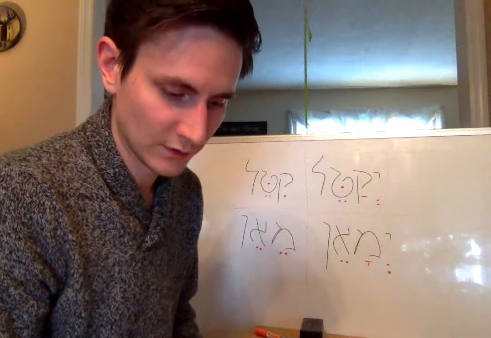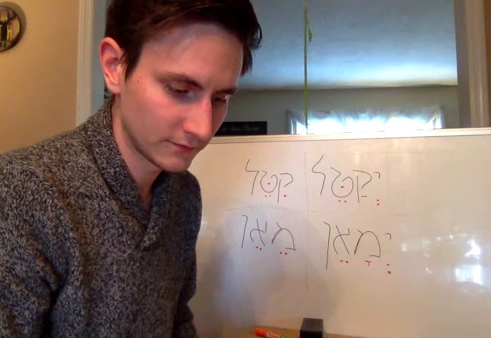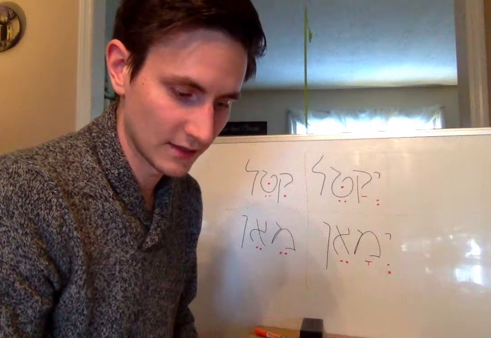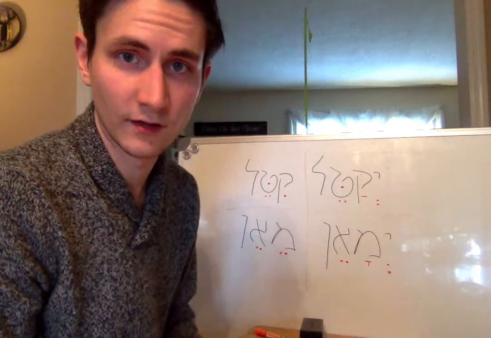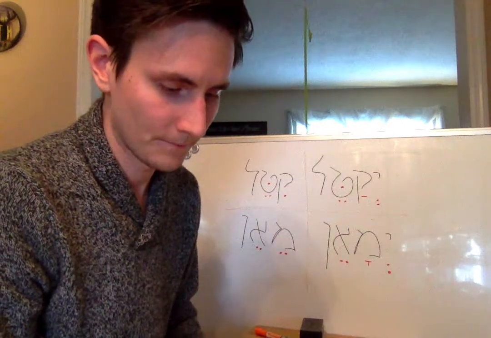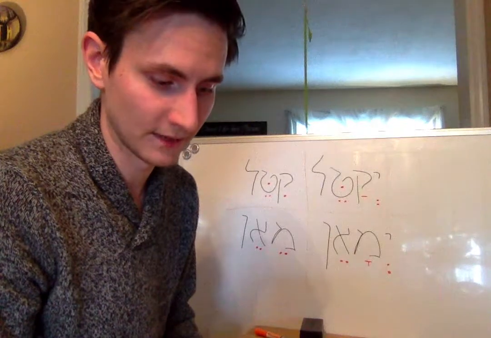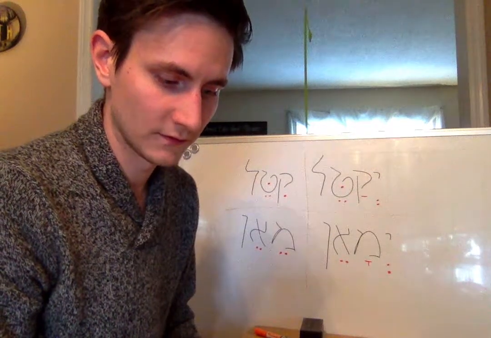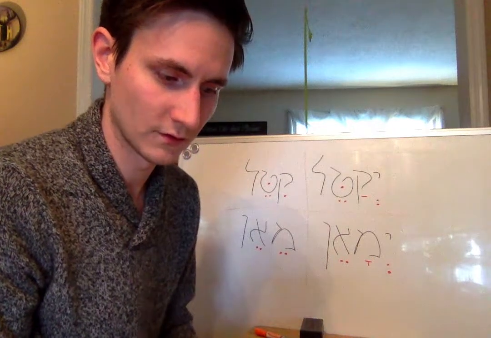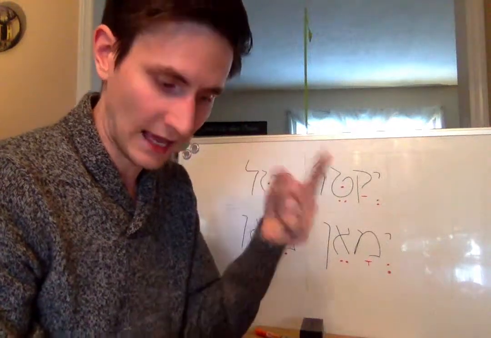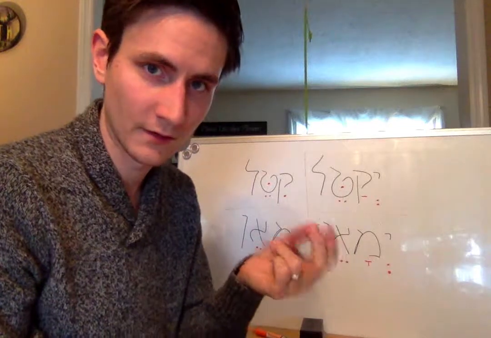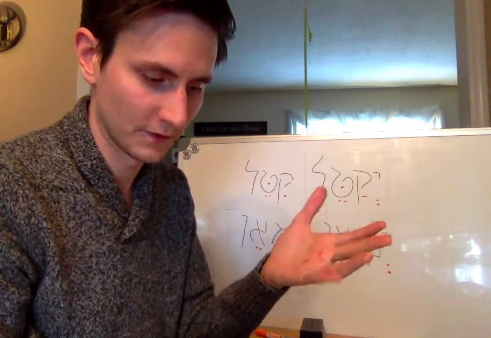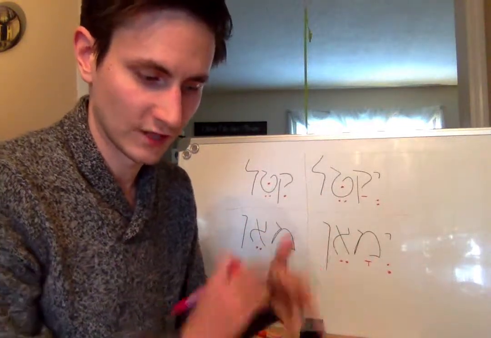If you compare it to the next one right next to it, kittel, you'll see that the only difference is that the ayin doesn't have a dagesh in it. Otherwise, they look the exact same. They both start with the hirek, with the e, and they go from e to a, which if you think Piel, you should be able to figure out. But basically the dagesh there just disappears.